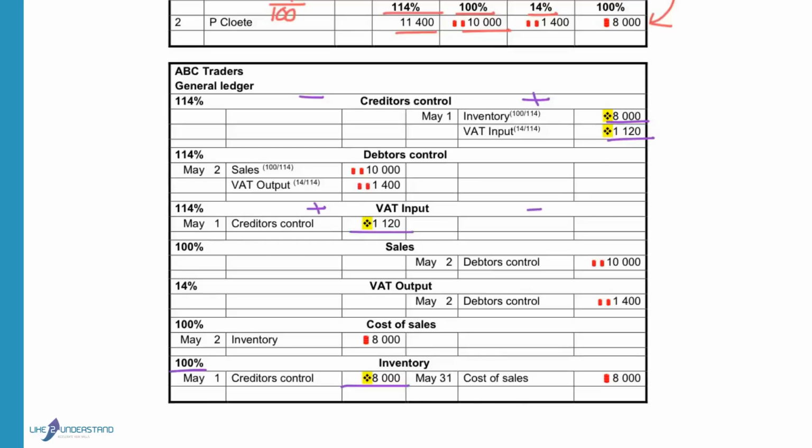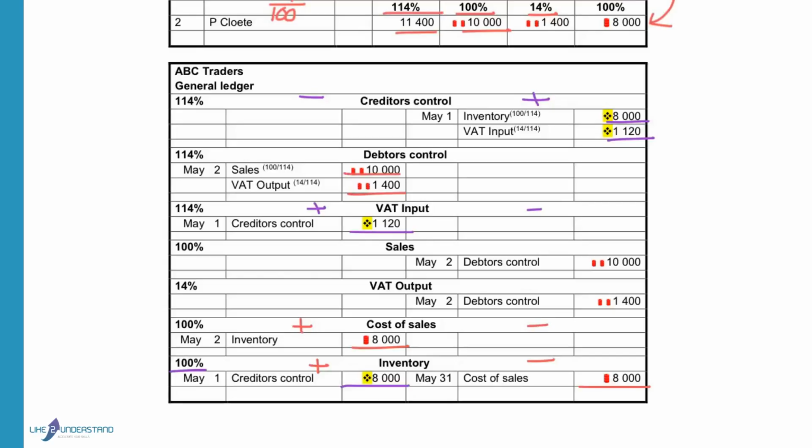When we sell the goods, we take this inventory out of our inventory, so my assets will decrease on the credit side with the 8,000. Cost of sales, that's expense, will be debited with the 8,000. We calculate the total amount that's owed by the debtors, and we will debit the debtors with both the amounts because they owe the sales price and the VAT.